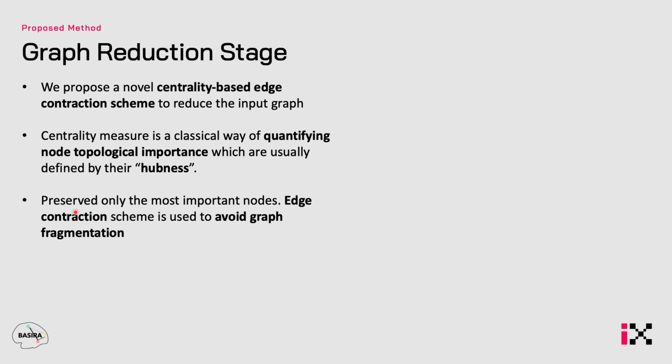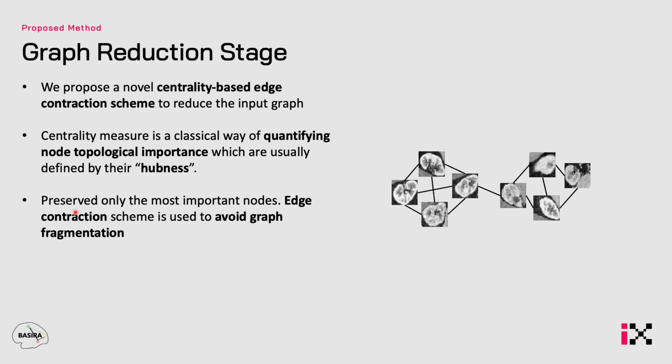Here, edge contraction is also used to avoid graph fragmentation, which is visualized in this figure. For example, we want to remove this node and we want to contract it using this edge.